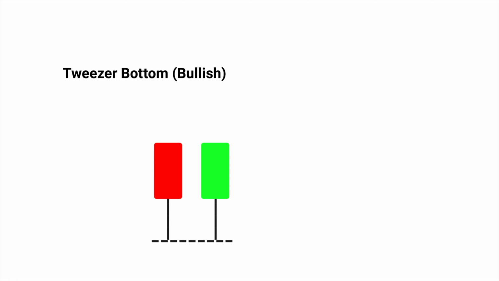In this case, we're going to have a double bottom, and for me personally, the minute you see the first candle, the rejection, when it comes down, you would want to have a buy limit order at that level.